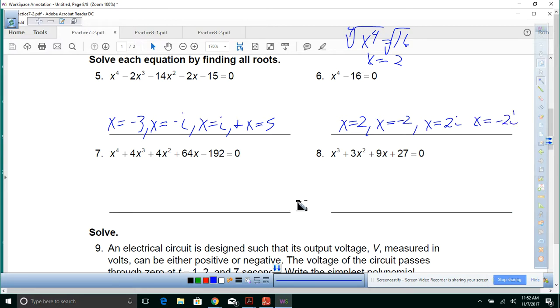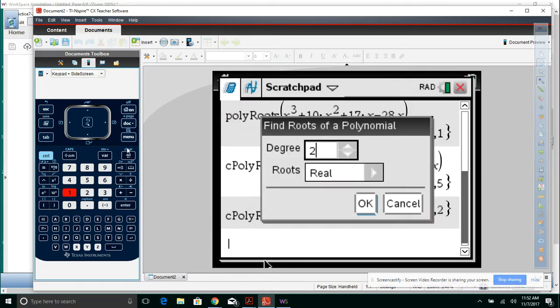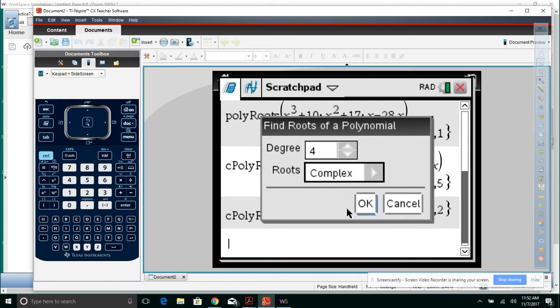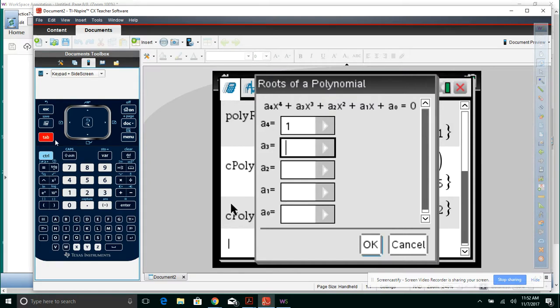Good deal. Now, what about number 7? Again, it's just easier to go in and we'll just menu 3 3 1. The degree is 4. We're looking for all the roots, so we're going to include the complex. Don't want them left out. And we got 1x to the fourth, 4x cubed, 4x squared, 64x, and minus 192.